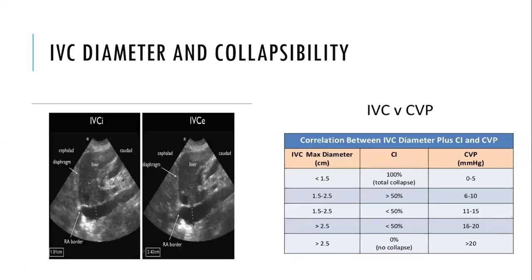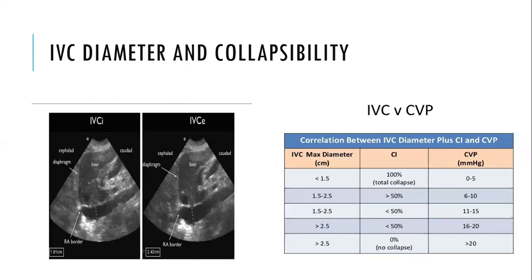And you can also see how the inferior vena cava empties into the right atrium. This is how to locate your IVC if you're using a subcostal window with your curvilinear probe.